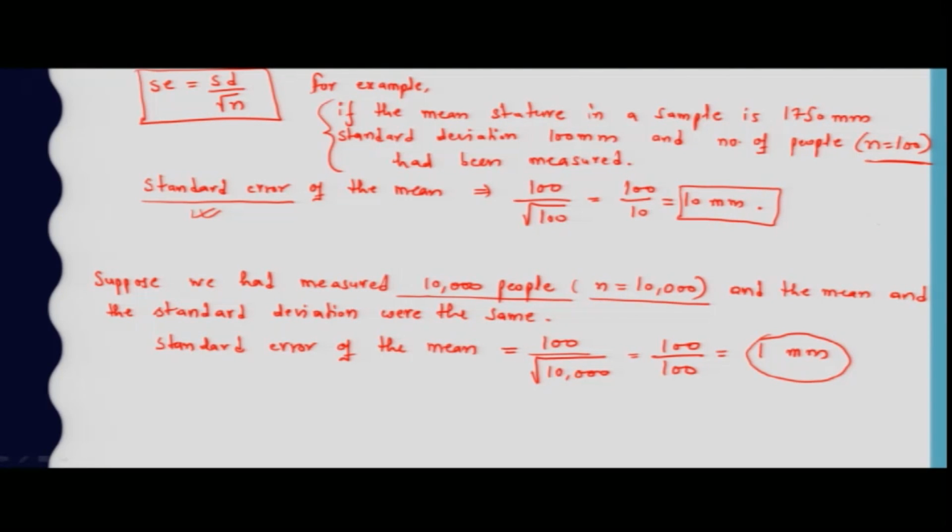There is a statement that you can make from this example, that larger samples enable us to make accurate predictions about population parameters.